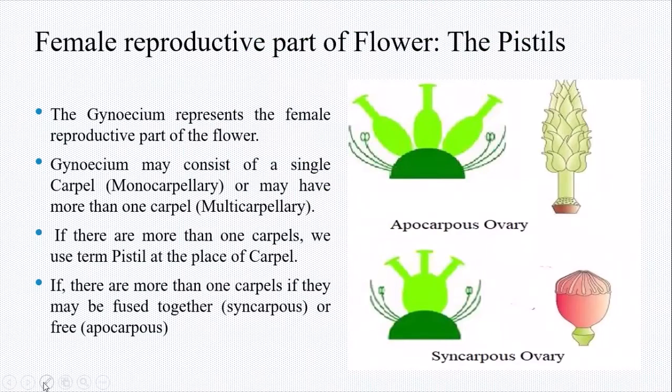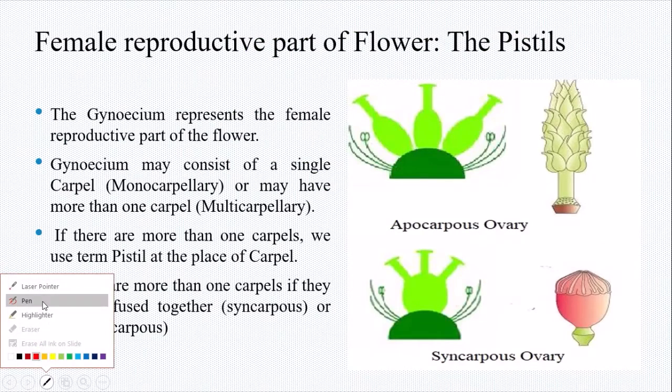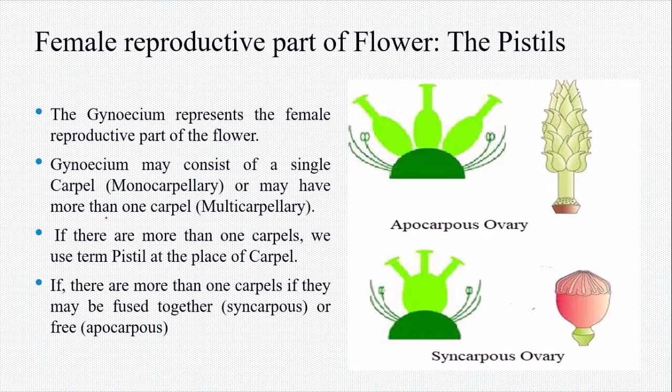The gynoecium represents the female reproductive part of a flowering plant. Gynoecium may consist of a single carpel if it is monocarpellary, and may have more than one carpel when it is multicarpellary.